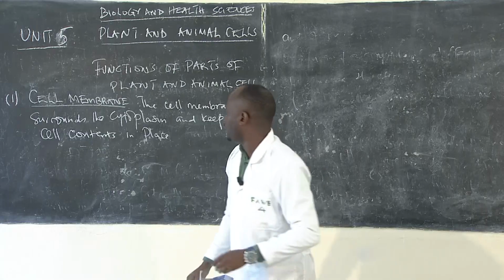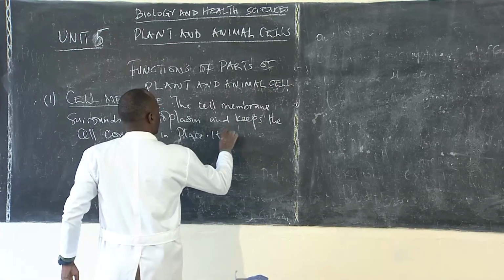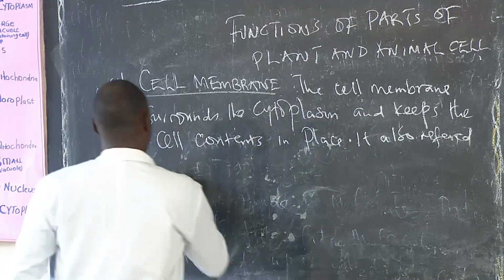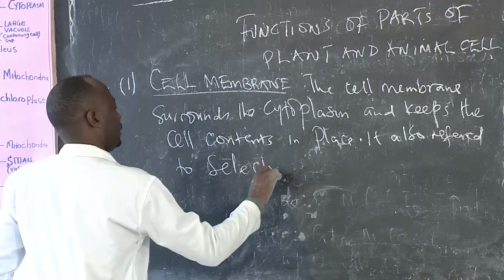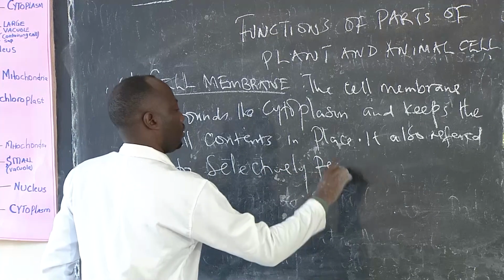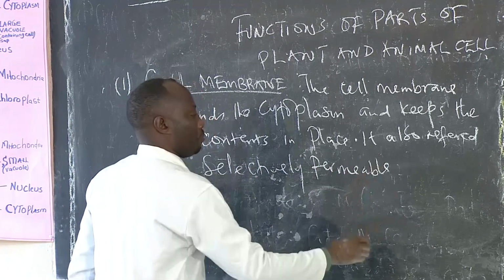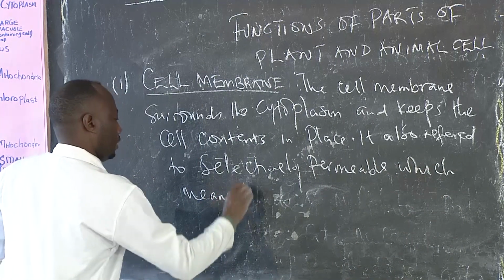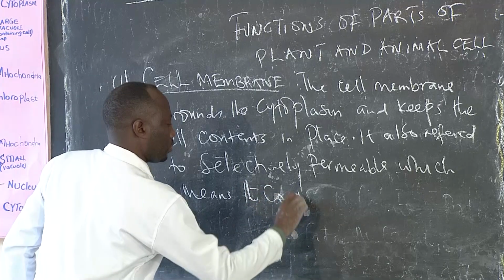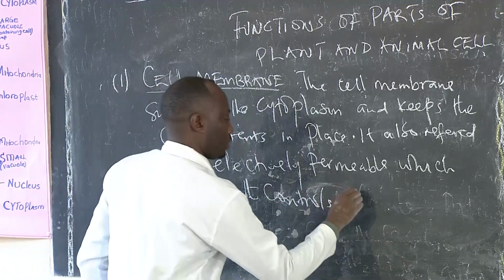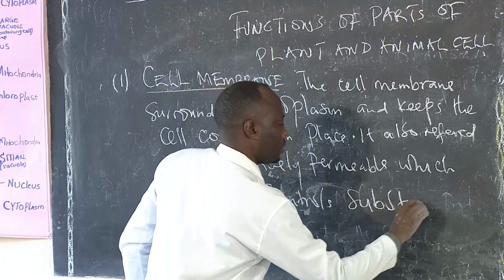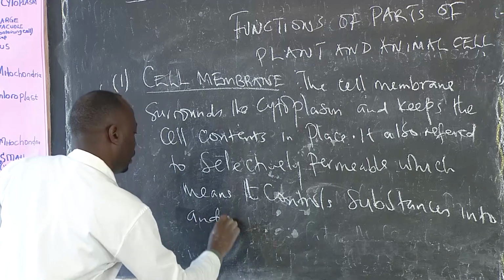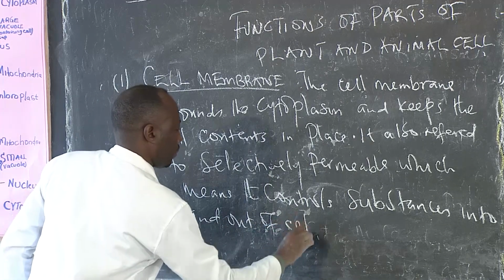You can also say that the cell membrane is also referred to as selectively permeable, which means that it controls substances into and out of the cell.